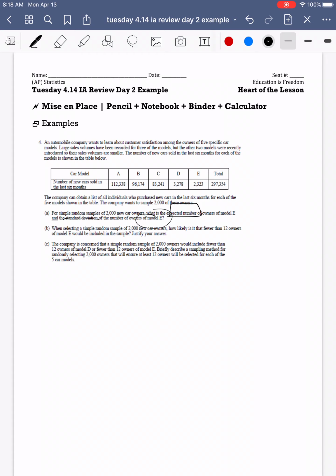So I see that I have a table here. Usually when I see tables, the first thing I think of is a discrete random variable. I know that in a discrete random variable, I have to have a probability distribution. Well, if I look at the table they've given me, I don't see any probabilities.